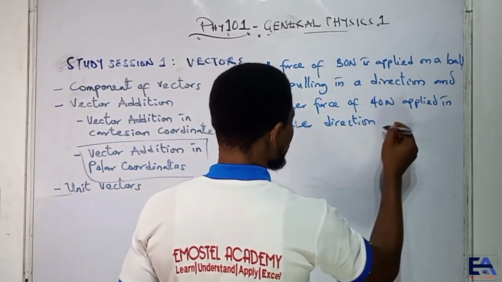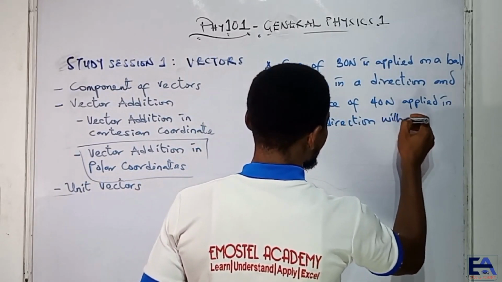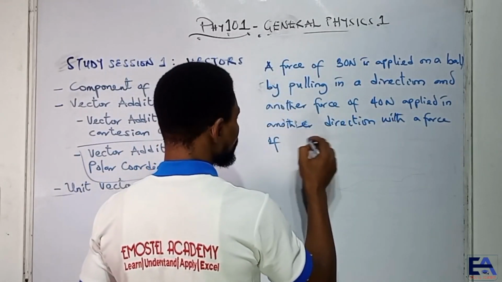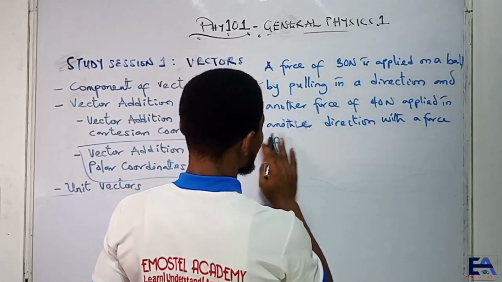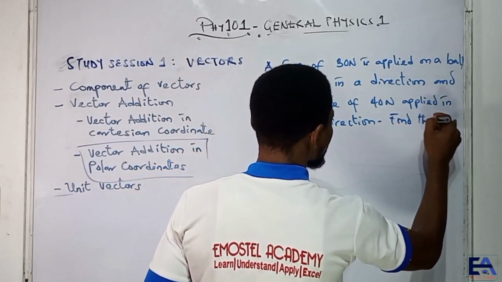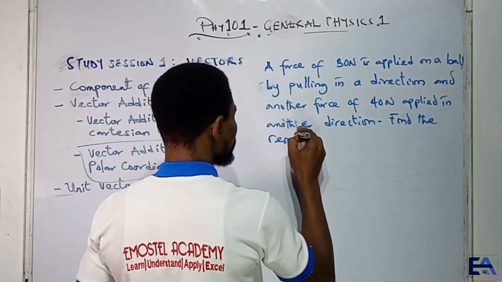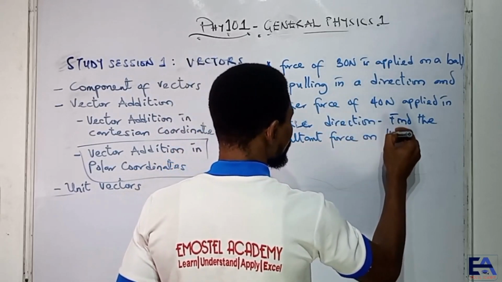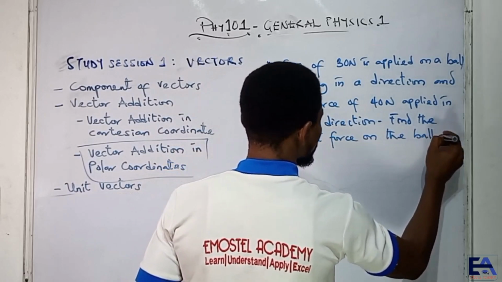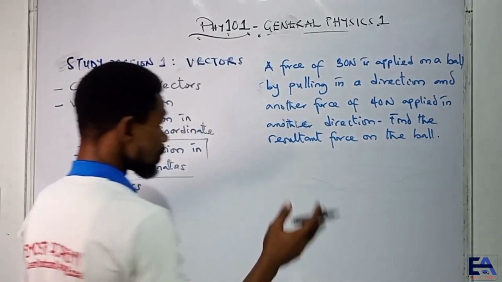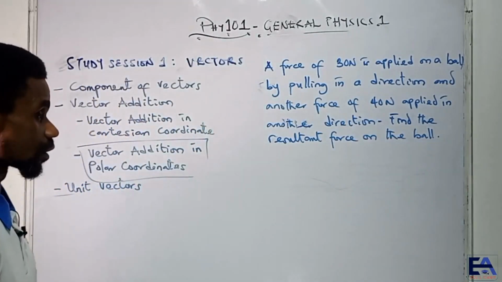So another force of 40 Newton applied in the other direction. Find the resultant force on the ball. This is not really a standard question, but it's still good.